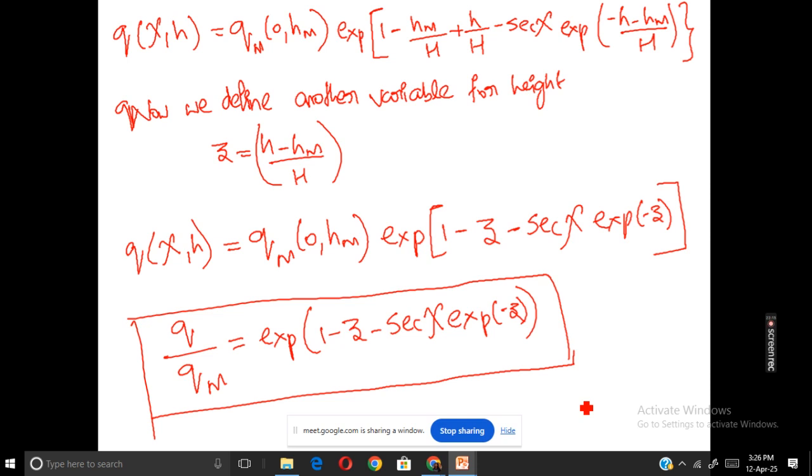Now we will see what are the major inferences that can be derived from these equations.